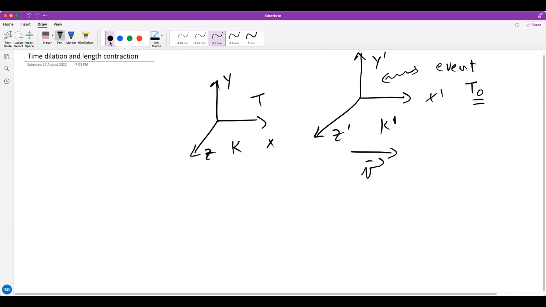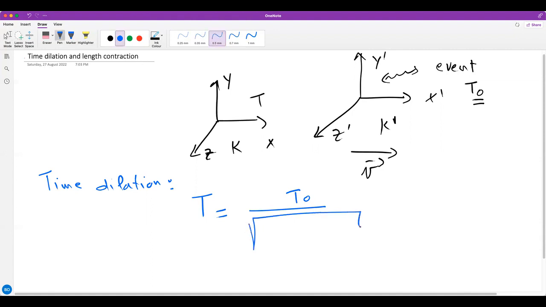And the time dilation equation becomes: the time measured by an observer in one reference frame is equal to the time measured by the other one divided by the square root of 1 minus (v over c) squared. Okay, c is the speed of light, v is the relative velocity.